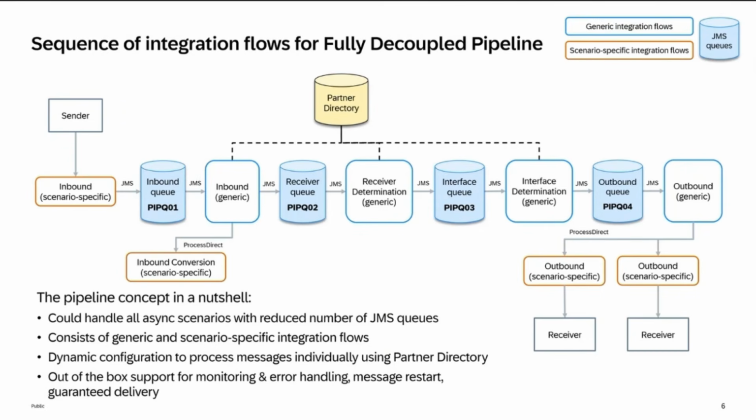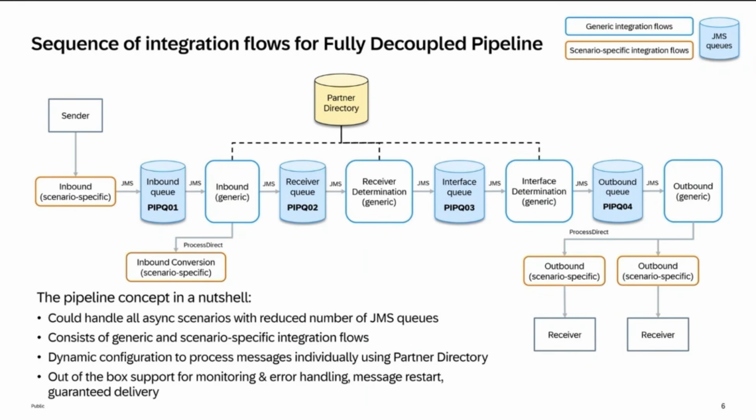And then the integration flows. Here, we distinguish between generic integration flows that we ship, and then scenario-specific integration flows that you need to create based on your scenario. And what you can also see on this slide is that we use the partner directory to dynamically configure the overall message processing flow for the particular scenarios, right?